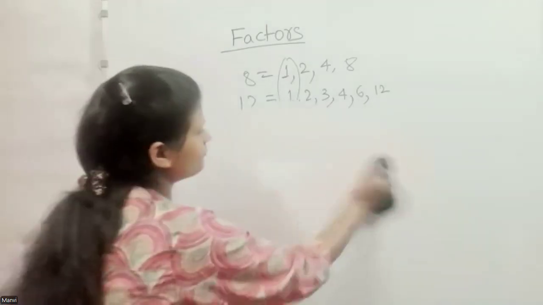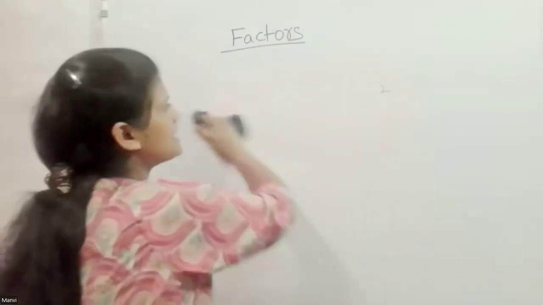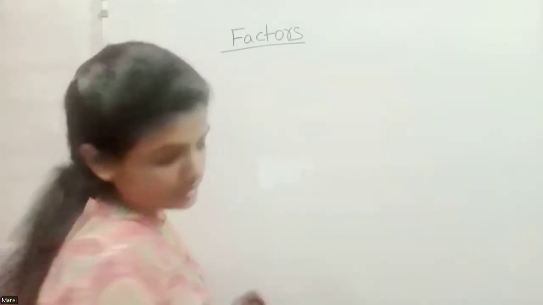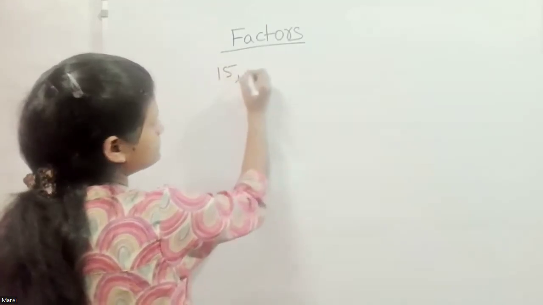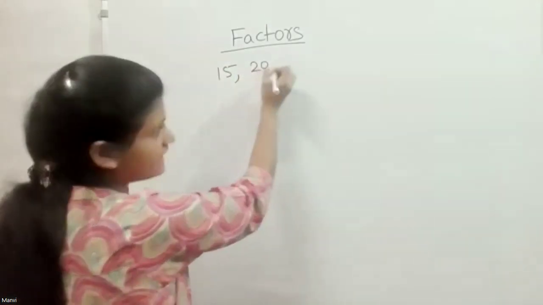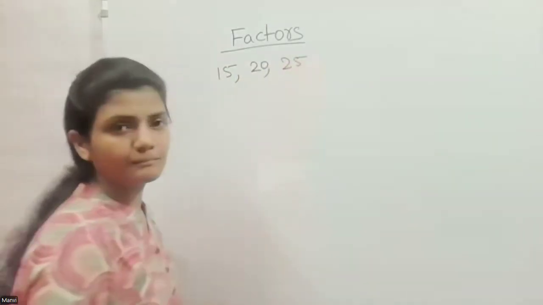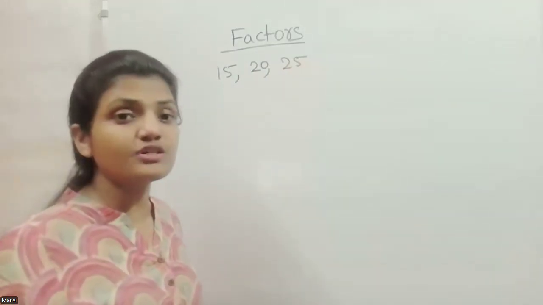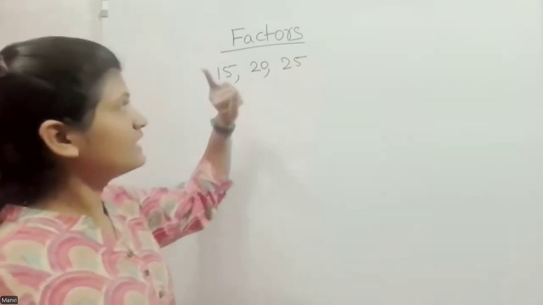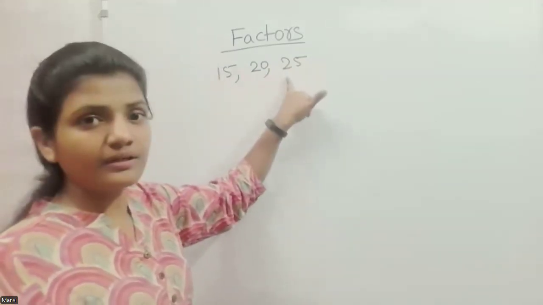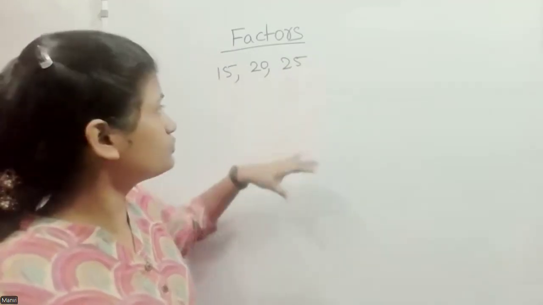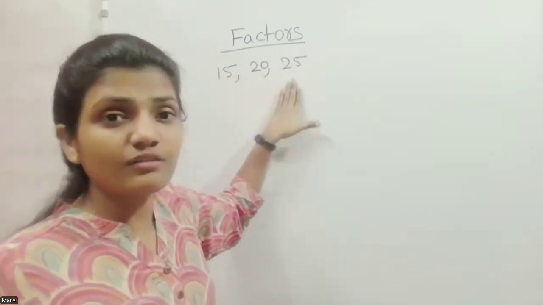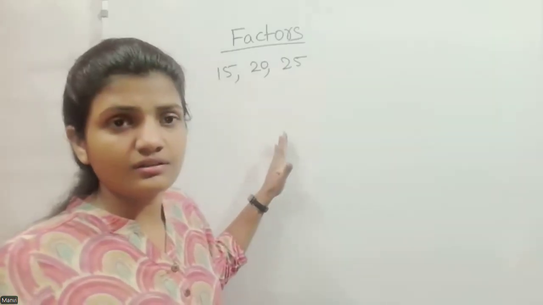So if I ask what is the HCF of 15, 20, and 25. HCF means highest common factor. So first you need to find out the factors of 15, then 20, then 25. After that you need to find the common factors among these three, then see which one is the highest.